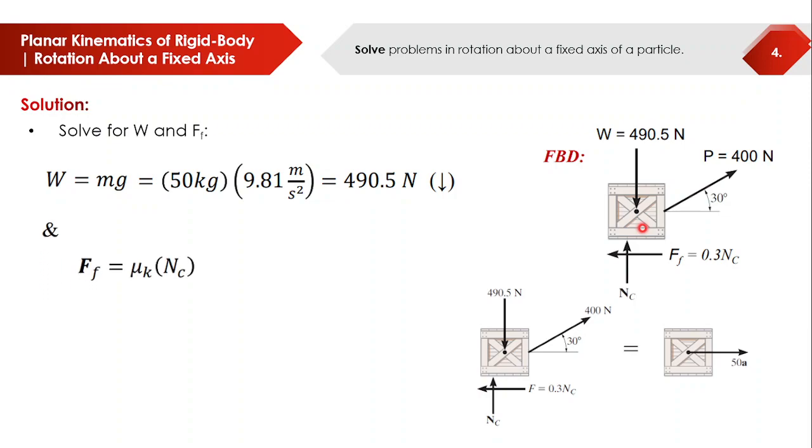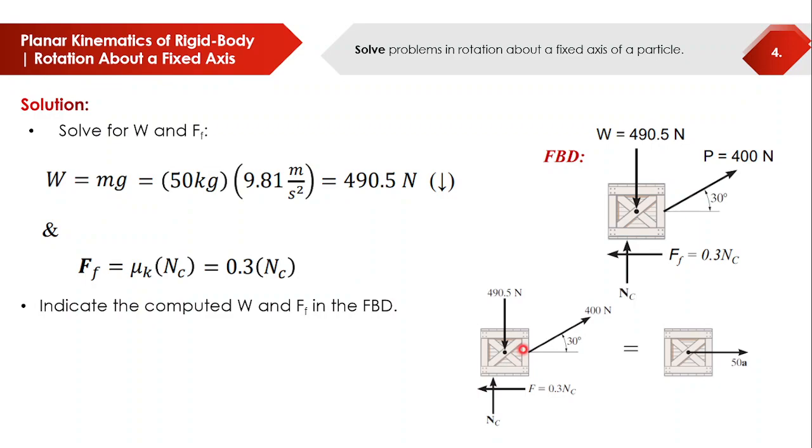Okay, so the friction force will be equal to mu sub k times the normal component of our force. So that will be 0.3, and since we don't know yet the value of our normal component, we indicate the computed weight and the frictional force in the FBD. Ayan, na-indicate natin dito.